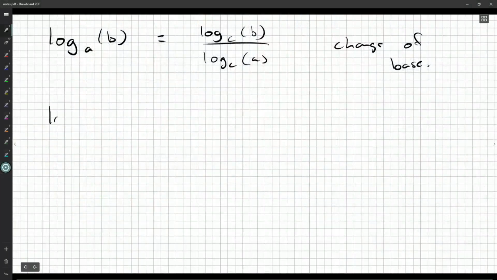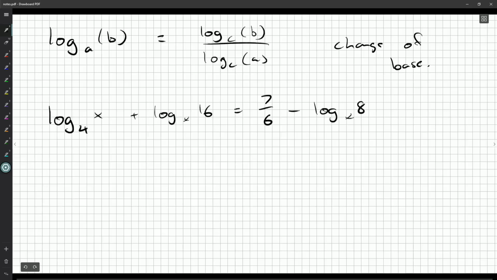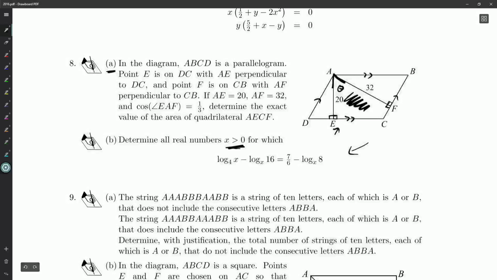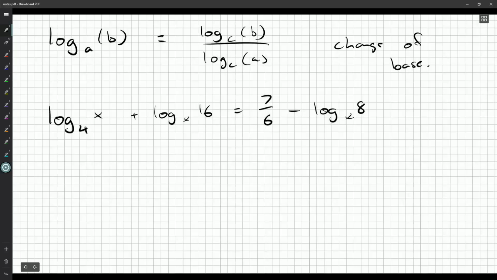So, what do we got? Log base 4 of x, but then it was log base x of 16, and then I think the last one was log base x of 8. Just double check. Okay. I'm a bit more comfortable when the unknowns are inside the log function.